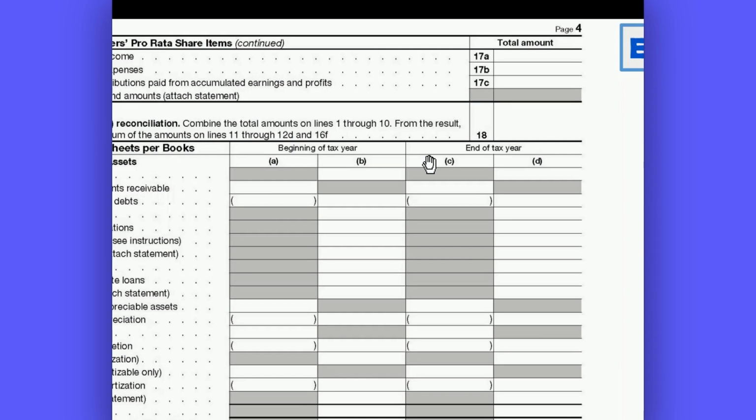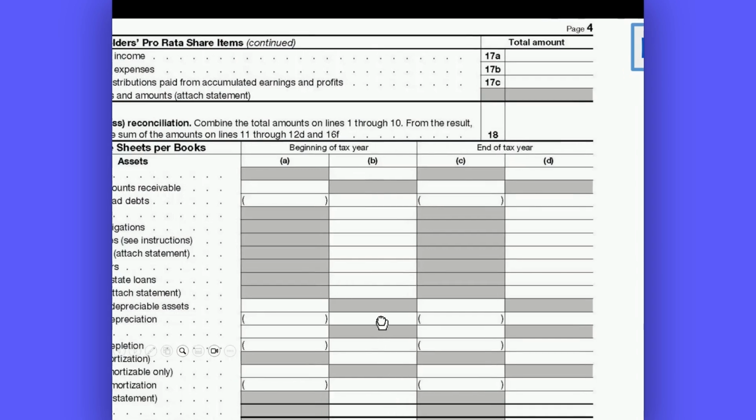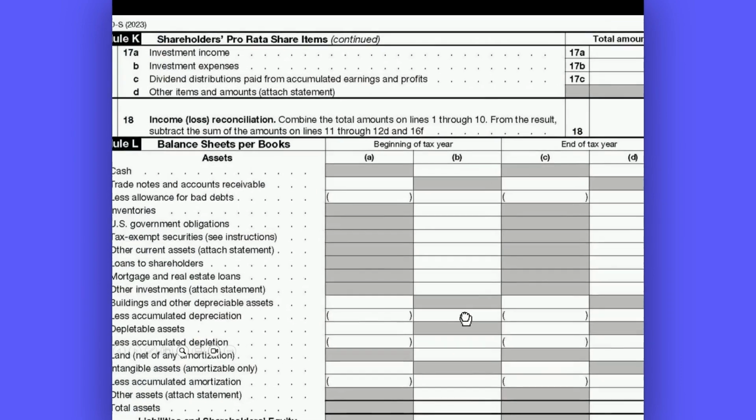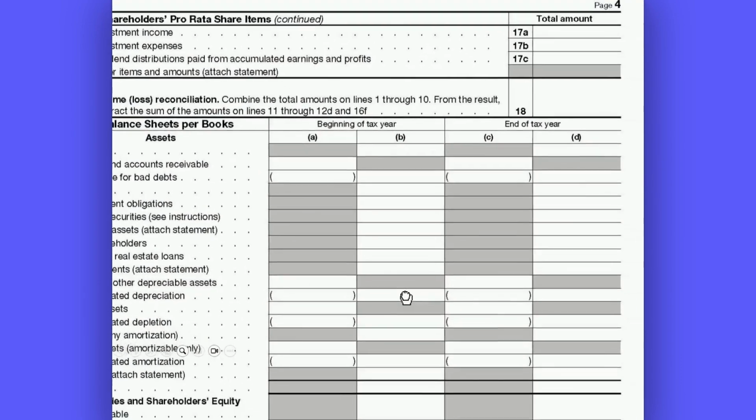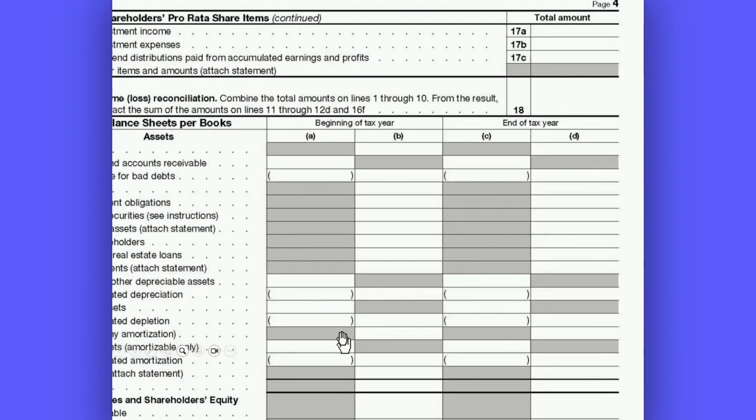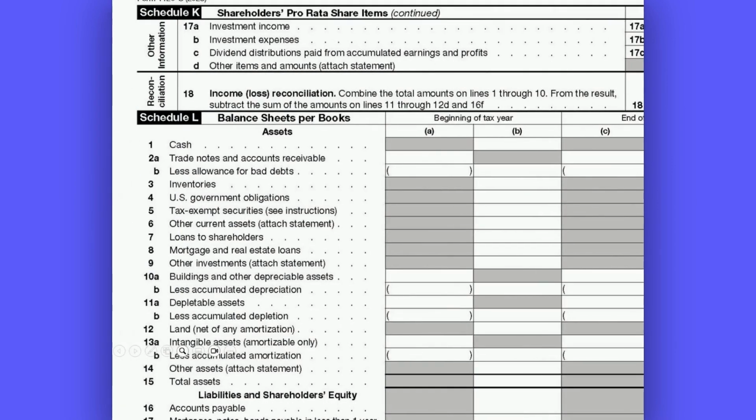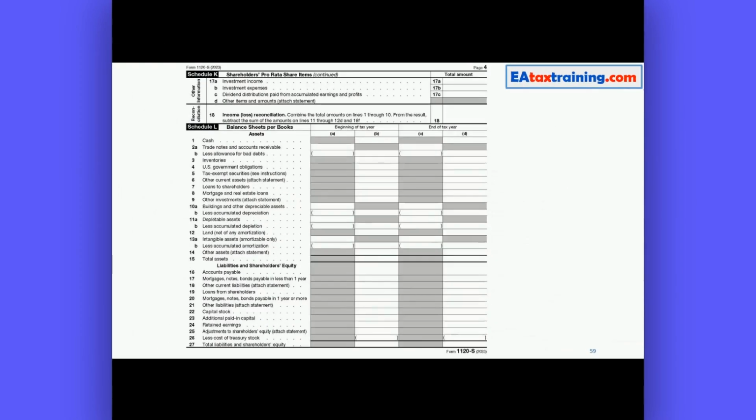It's going to add and subtract them all together, and it is going to come up with your total income here on line 18. So that is your total income per the tax return. That is going to be important later when we reconcile book and tax income. What you are going to reconcile to is line 18 of Schedule K.